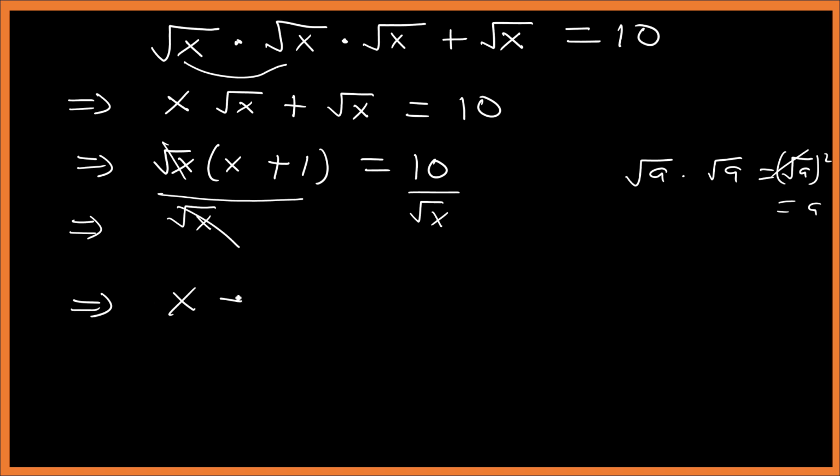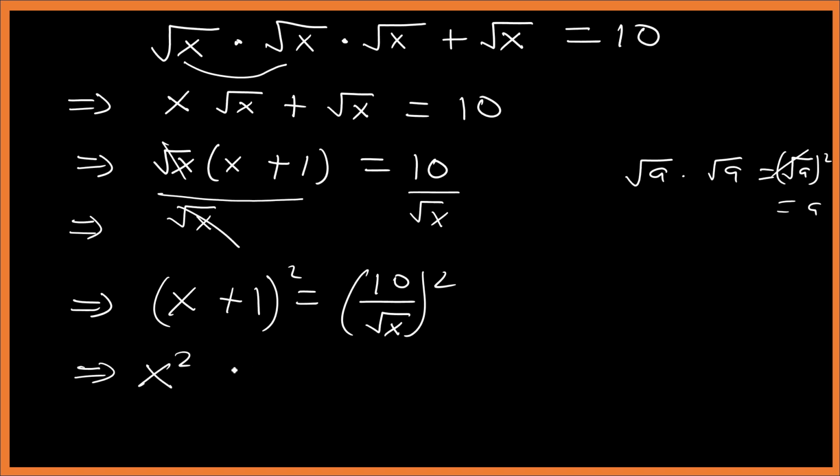We have x plus 1 equals 10 on square root of x. So let's square both sides. Okay, we have x squared plus 2x plus 1 equals to 10 squared, 100. So square root of x all squared is x.